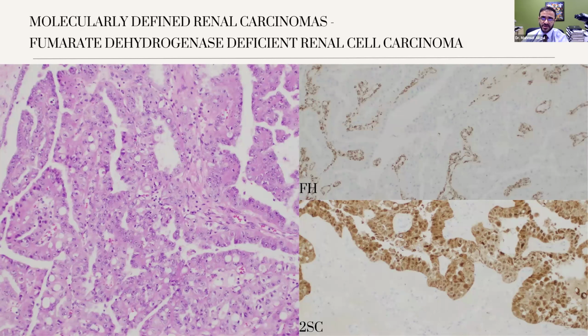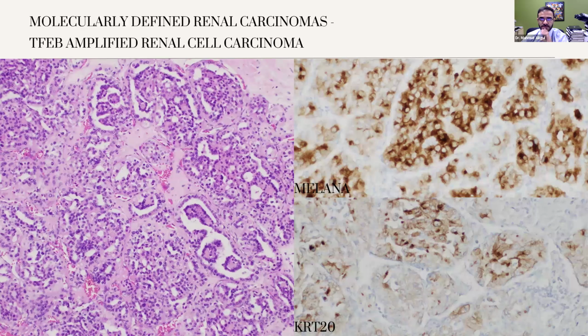Most of the time, this is not very consistent in TFEB amplified, but TFEB rearranged are more consistent with these findings. Melan-A will be diffusely positive in TFEB amplified renal cell carcinomas. Again, this finding is most consistently present in TFEB rearranged renal cell carcinoma, but it can also happen in TFEB amplified RCC.